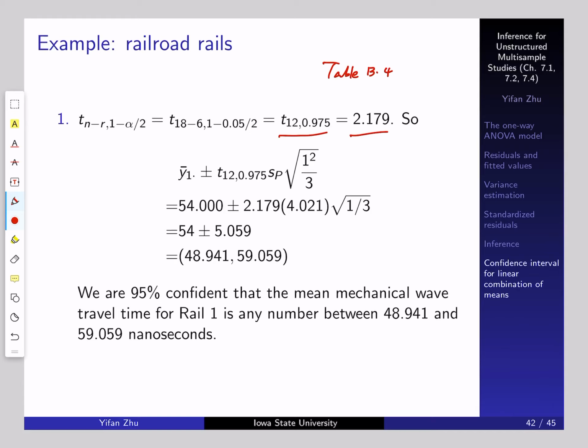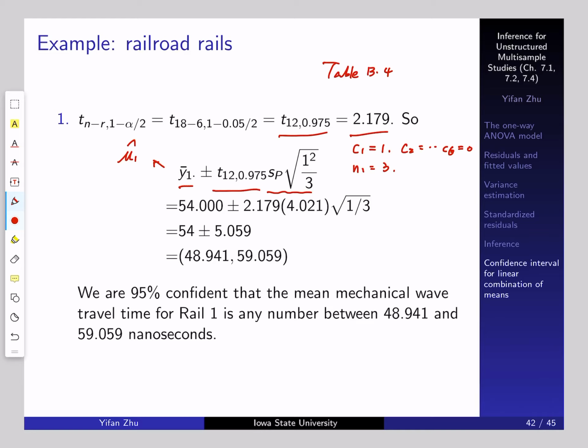Okay. And then y1 dot bar, which is the estimate of mu1, plus or minus this quantile times SP times the square root of 1 squared over 3, right? Because in this case, C1 is 1 and C2 to C6 are 0, and n1 is 3.